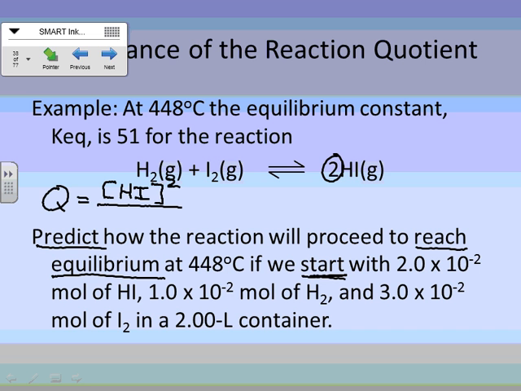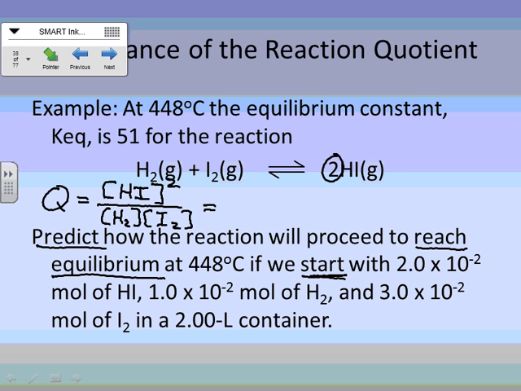So HI squared divided by concentration of H2 times the concentration of I2. Okay? So there's our reaction quotient expression, not our equilibrium expression. We're not at equilibrium yet, okay?